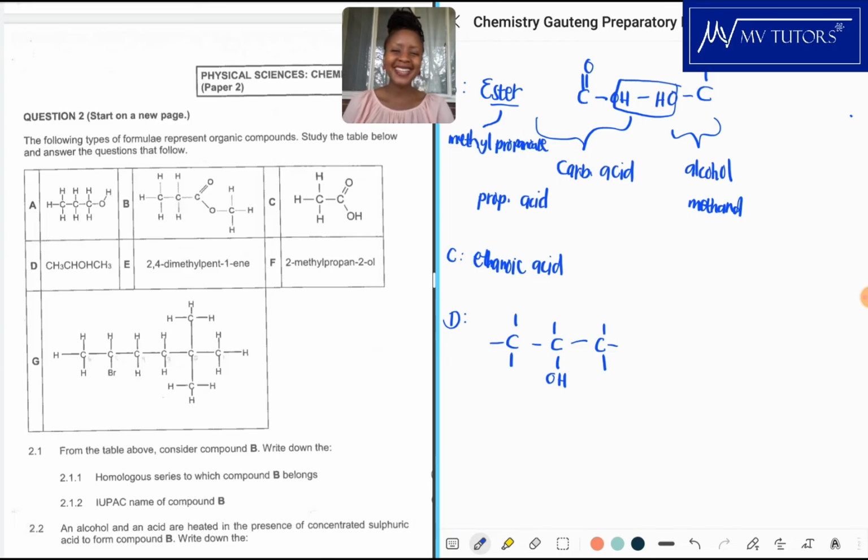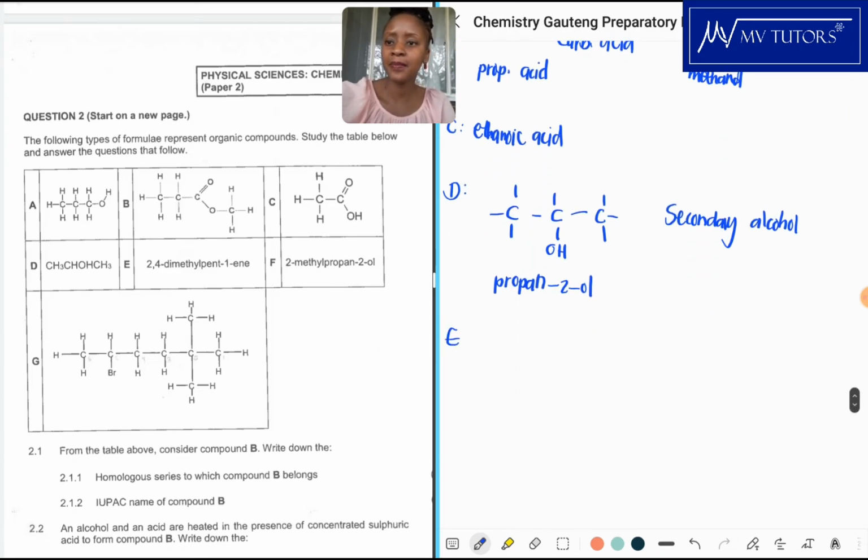So we have another alcohol, and I hope you can see that this is a secondary alcohol, because the carbon attached to the OH group is also attached to 2 other carbons. So hence a secondary alcohol. We have 3 carbons, so it is propanol, but more precisely, propan-2-ol. Yes, propan-2-ol.